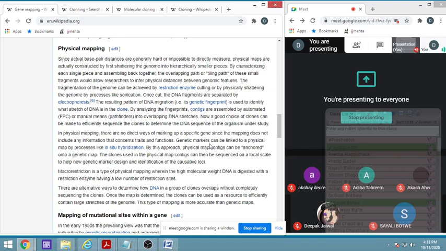Similarly, these enzymes will be cutting the DNA, or it can be done physically using the technique of sonication. Sonication uses ultrasonic waves, and because of that the DNAs are cut.